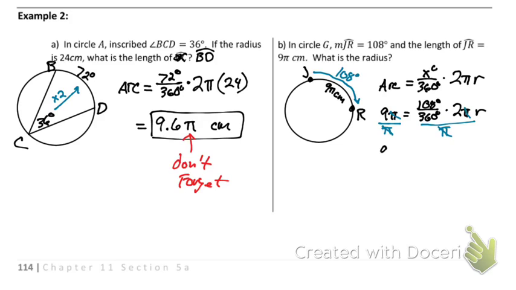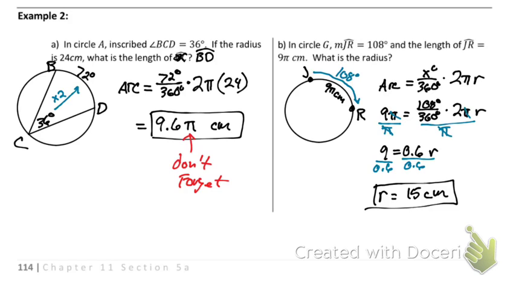And I'd be left with 9 equals 108 divided by 360 times 2, which would be 0.6 r. Well, now we just divide both sides by 0.6. And you should come up with your radius equaling 15 centimeters.